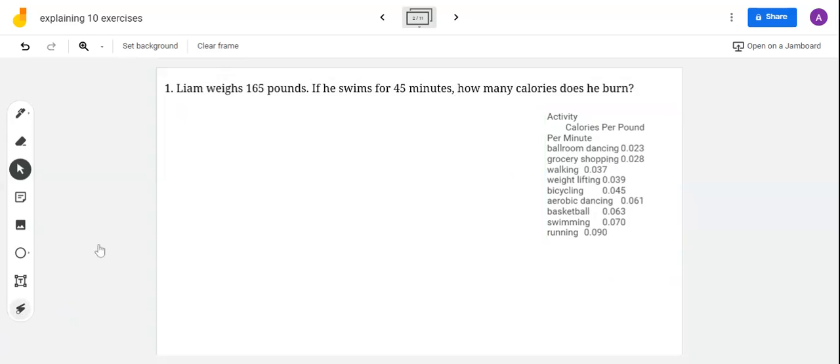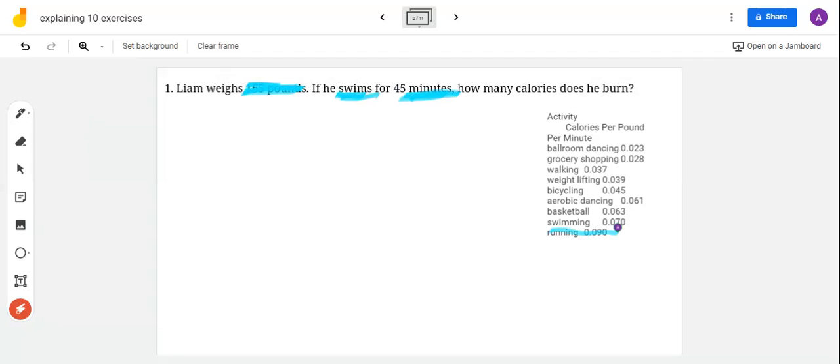Okay, so let's work on this question, shall we? This lovely question here, right? Liam weighs 165 pounds. Swims for 45 minutes.